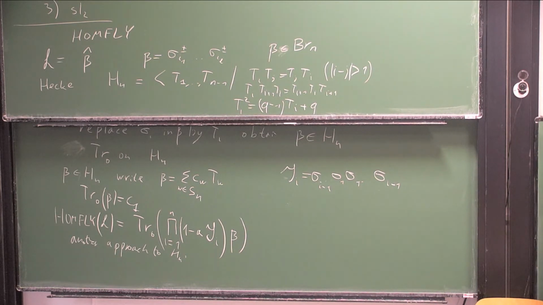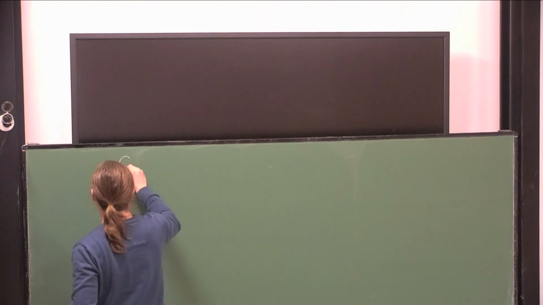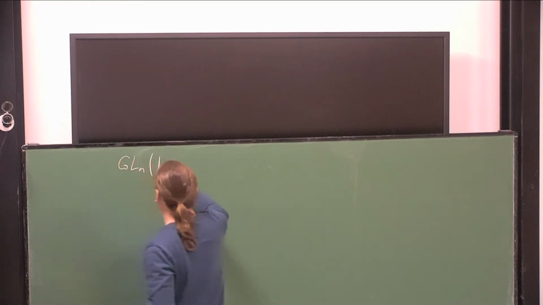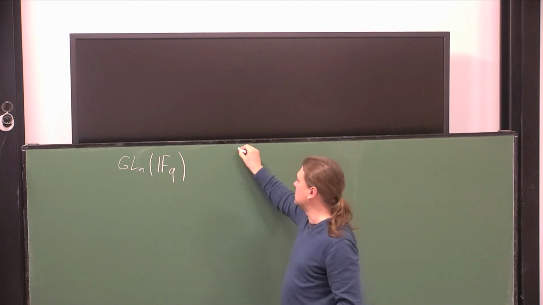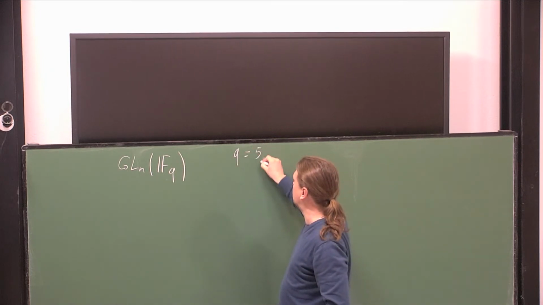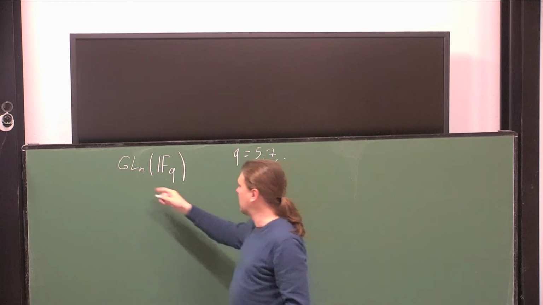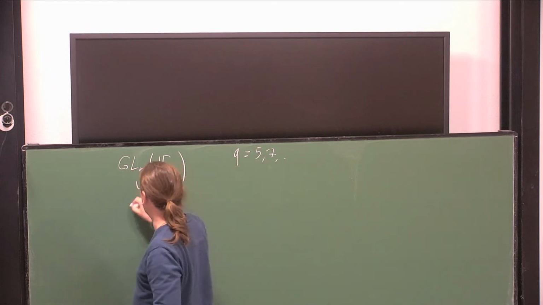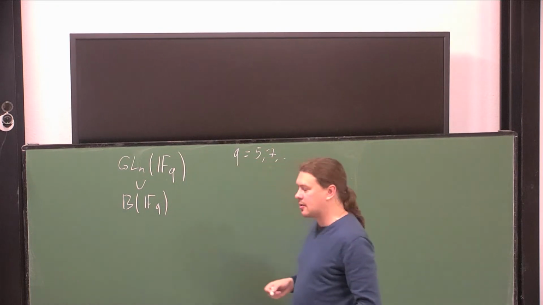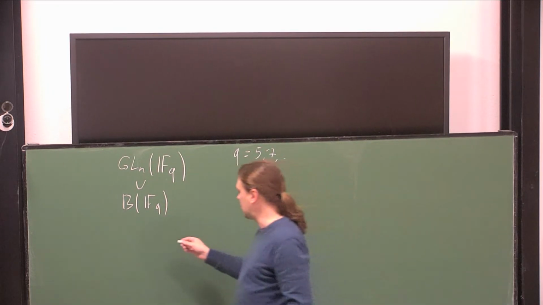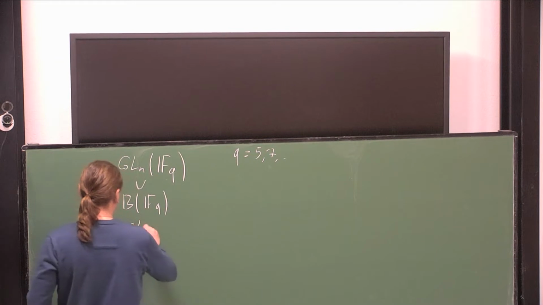You take the finite group GL_n over F_q, where F_q is the finite field with q elements, for instance. And then you have here the group of regular matrices, and then you look at the double cosets.